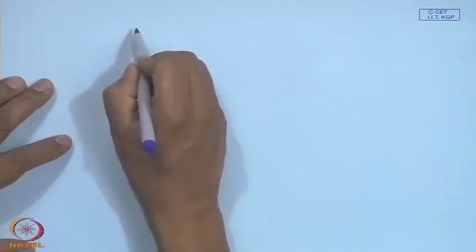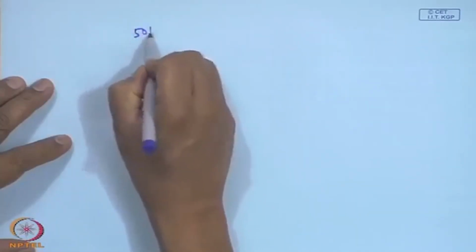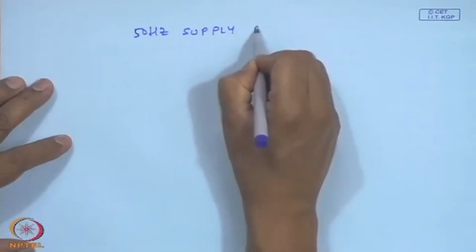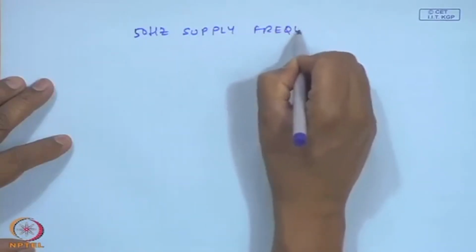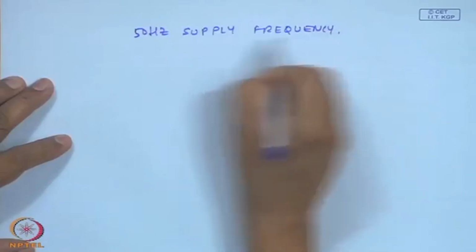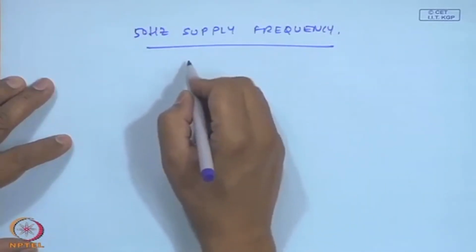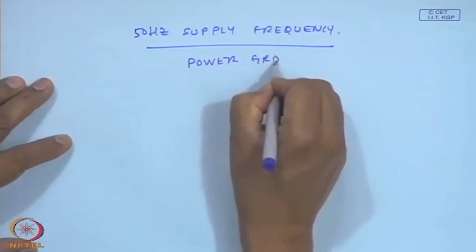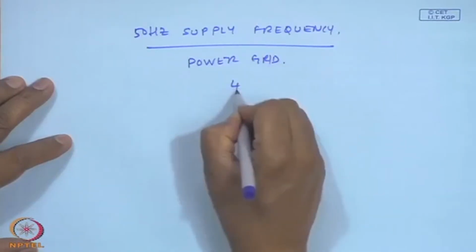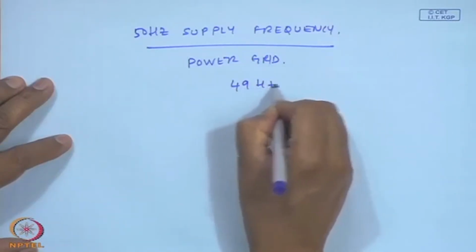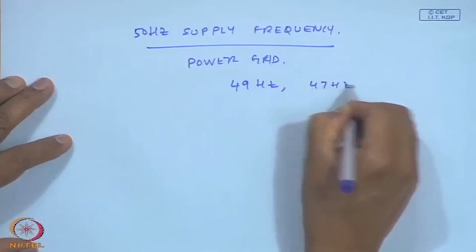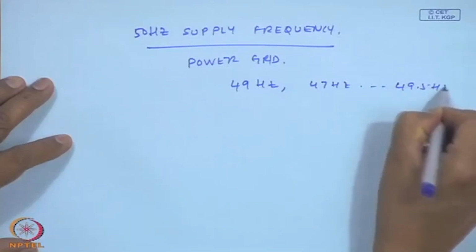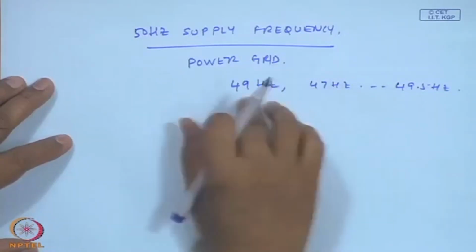For example, in the plant I am supposed to get a 50 hertz supply frequency, but because of our power grid supply, I am getting sometimes 49 hertz, sometimes 47 hertz, sometimes 49.5, and so on. So, there is a constant fluctuation of the frequency.